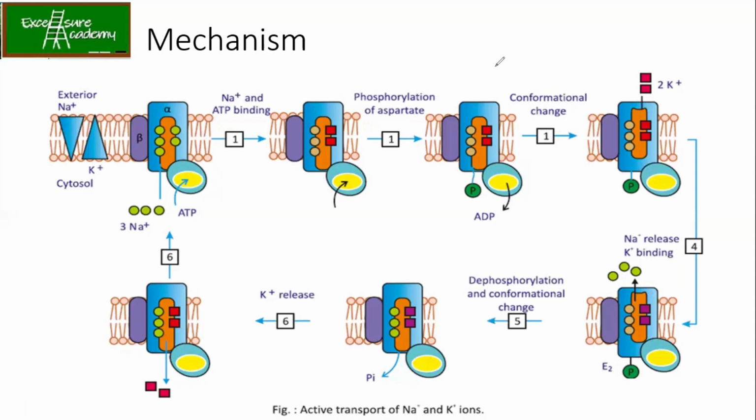Shruti, would you like to try explaining the Na plus K plus ATPase mechanism? So first in the pump, 3 sodiums go in along with 1 ATP. And all of them bind, and then aspartate is phosphorylated.